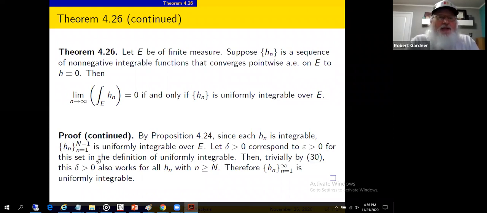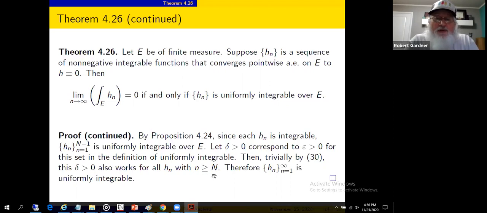That is, you'll get integrals over set A to be less than epsilon, provided the measures of A are less than delta. So we'll get integrals of these functions over sets A, satisfying the conditions given in uniform integrability, to be less than epsilon.